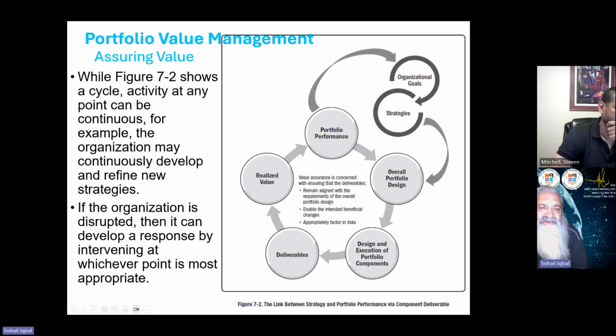If the organization is disrupted, then it can develop a response by intervening at whichever point is most appropriate. So if there is an emergency and strategy wants to put something in, they can enter at any point in this portfolio cycle. It's not necessary that they will only interfere during the overall portfolio design. They could actually interfere anywhere in the cycle.